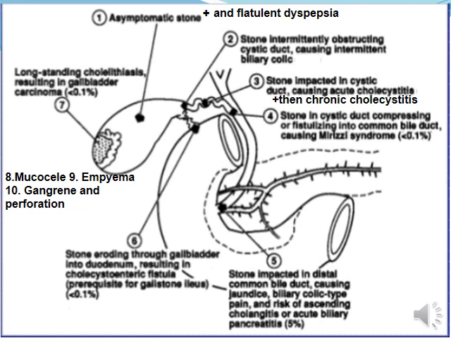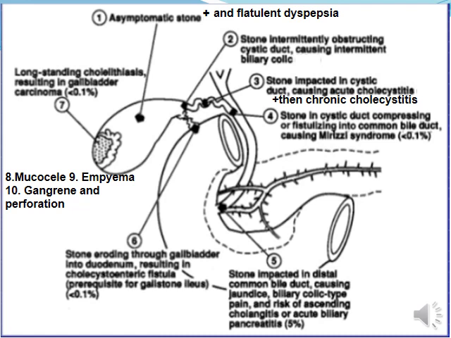In addition to mucocele, empyema, gangrene, and perforation, already mentioned in the table. So this information was already mentioned in the table in the previous slide, but I put it here in the diagram in order to show what is happening, the different outcomes, effects, and presentations of gallstone. Not every gallstone is called acute cholecystitis.